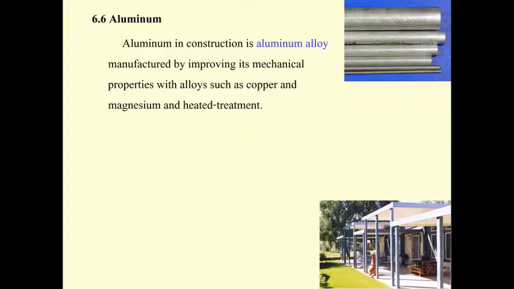And let us start. Aluminum is in the form of aluminum alloy that we are using in our civil engineering application, and the manufacturing is going to improve its mechanical property for application in our civil engineering.